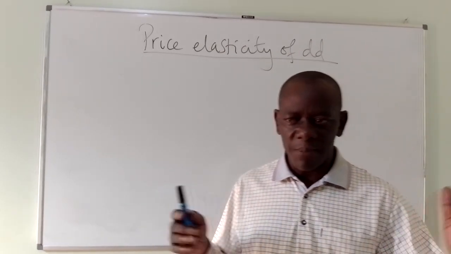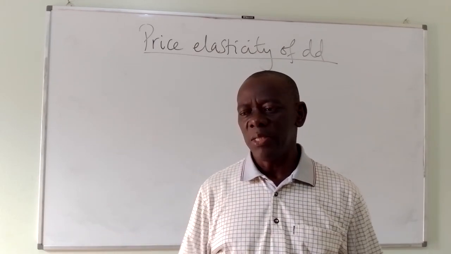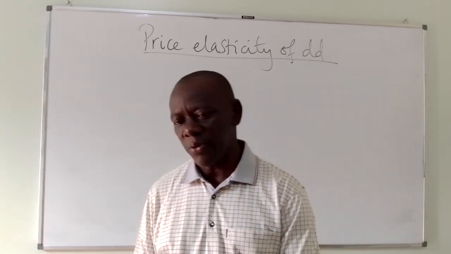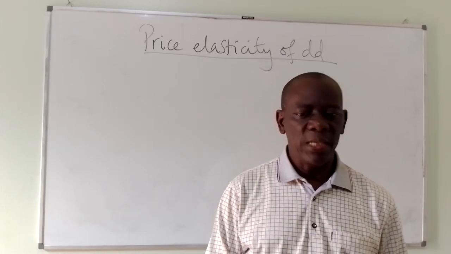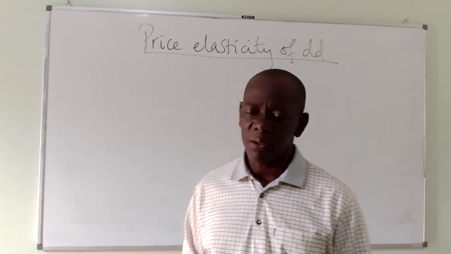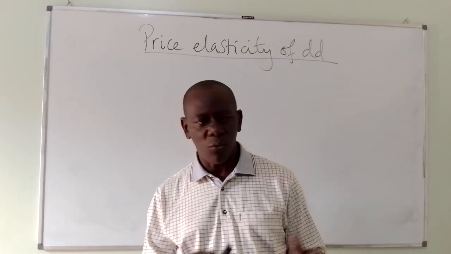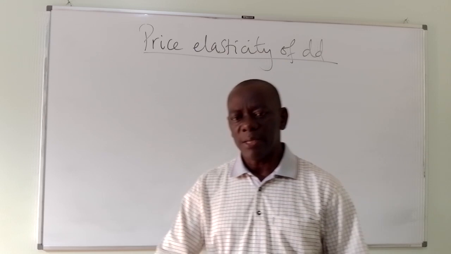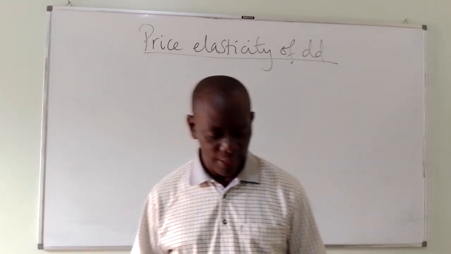We want to see the extent of the change, that when we change the price from this level to this level, how it will affect the demand of that very commodity. So it is the degree of responsiveness of quantity demanded of that commodity, call it X, as a result of change in the price of that commodity X.